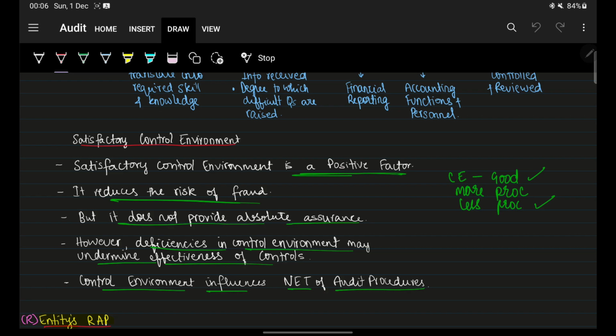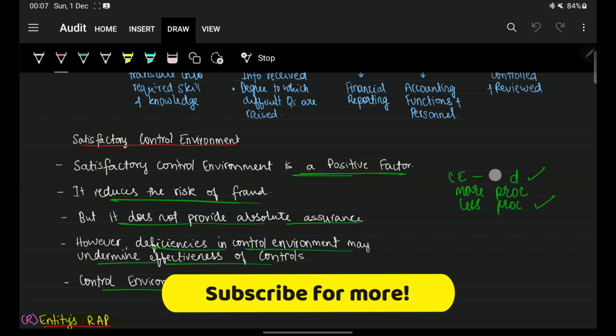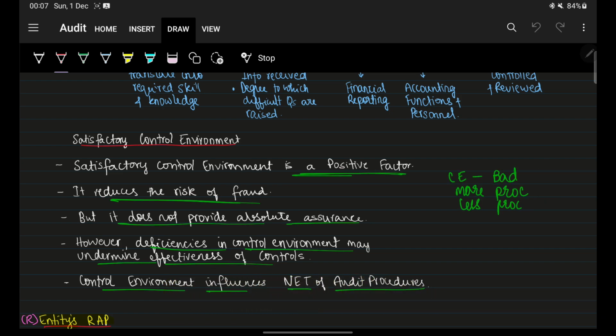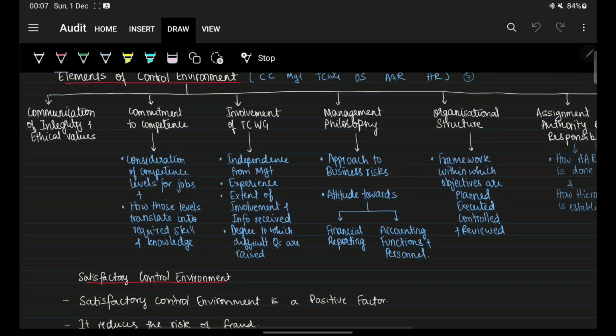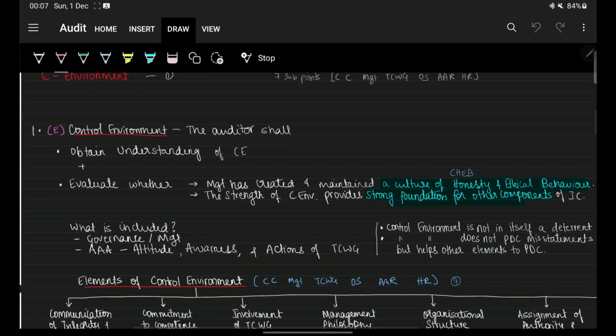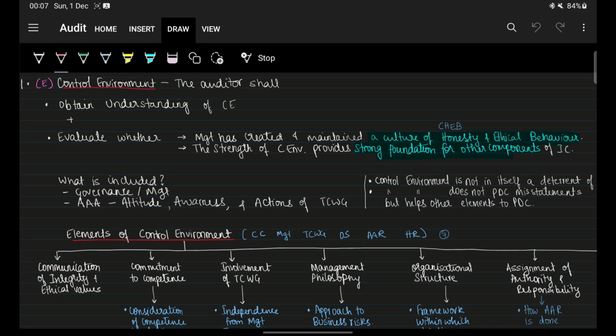I will reduce my work, because the control environment is good. Suppose the control environment is bad. If it is bad, then obviously I'm going to do more audit procedures. Fairly simple, right?